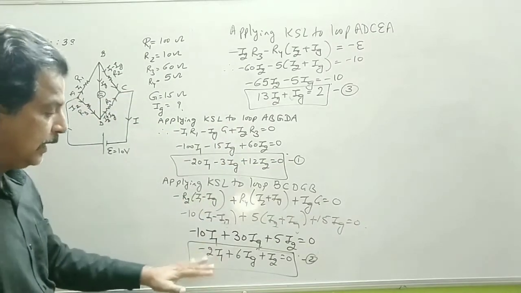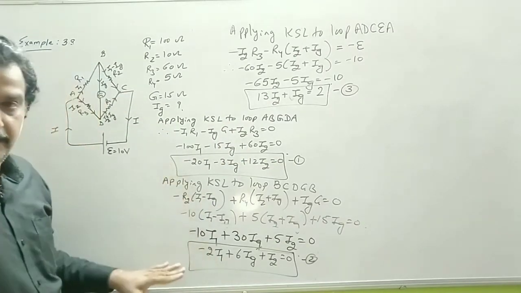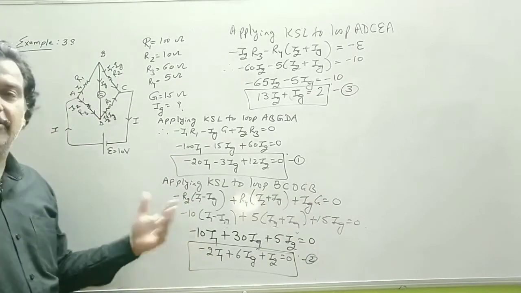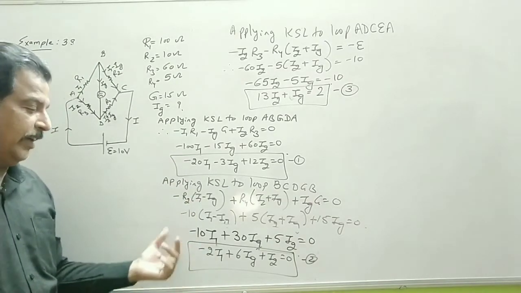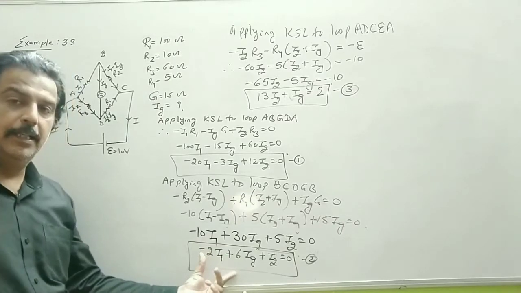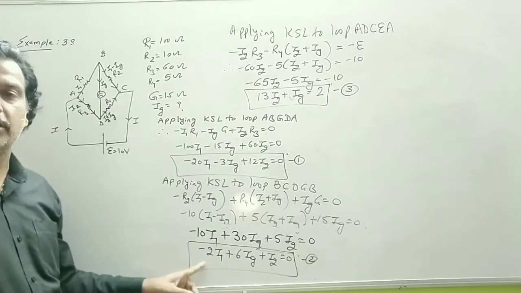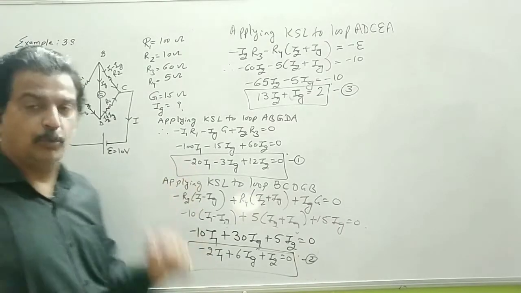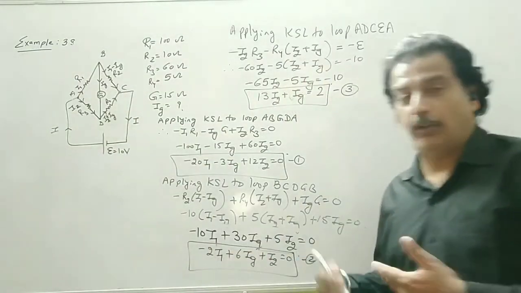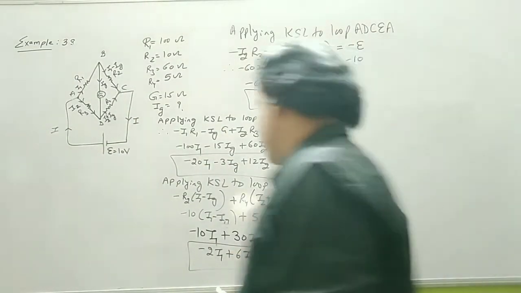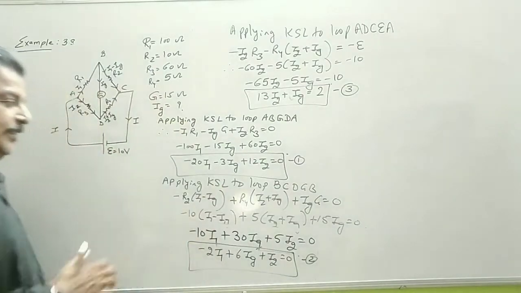So I will solve these 2 equations and convert them into the form of I2 and IG. It means I eliminate I1. If I want to eliminate this, then I multiply this equation by 10 and then subtract both equations. But instead of that, I will try to make I1 the subject.